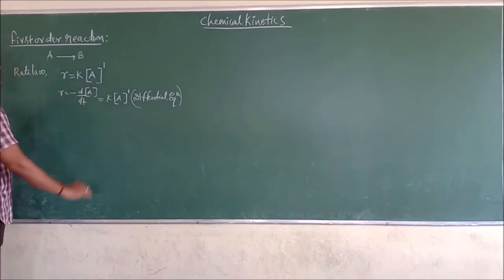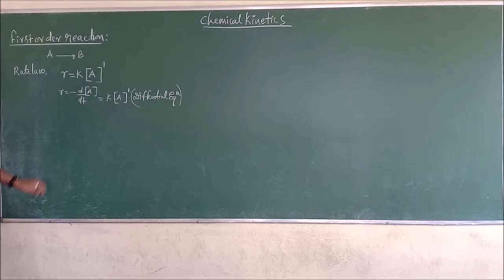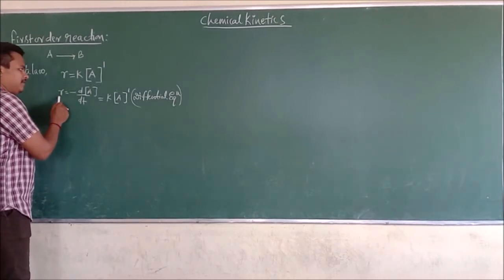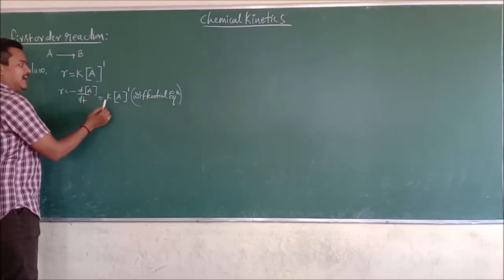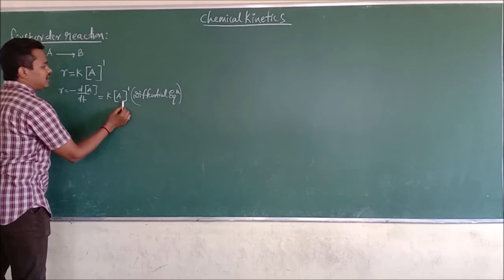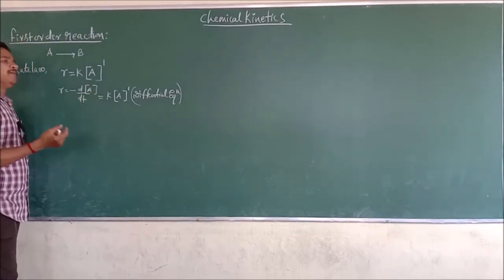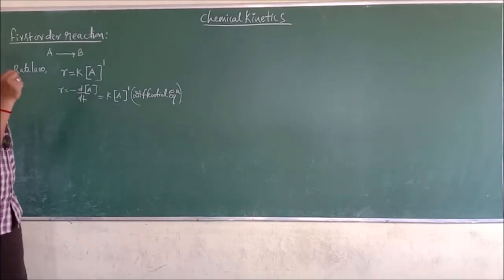Now this is a differential equation. In this differential equation, what is there? Rate is there, this is the proportionality constant, and this is the concentration of the reactant. In this one there is no time term.